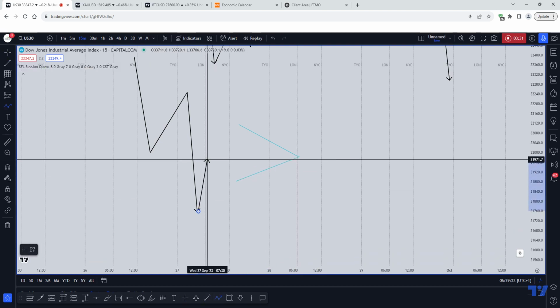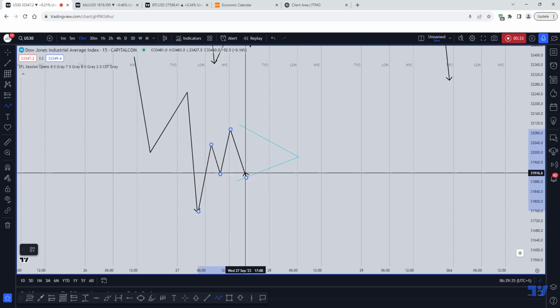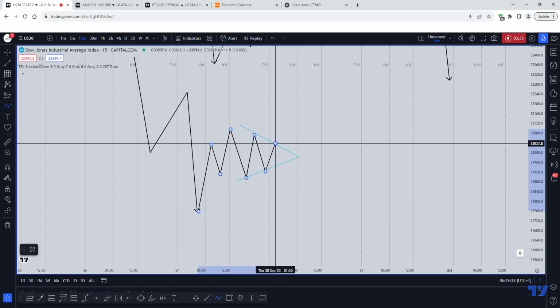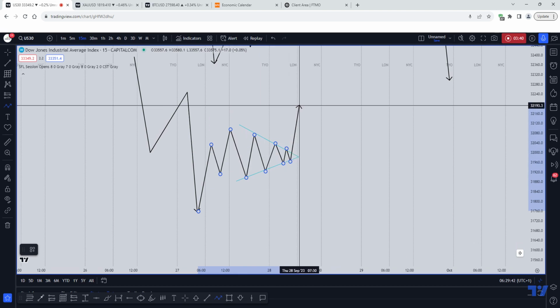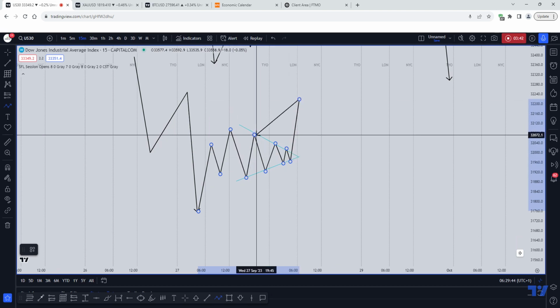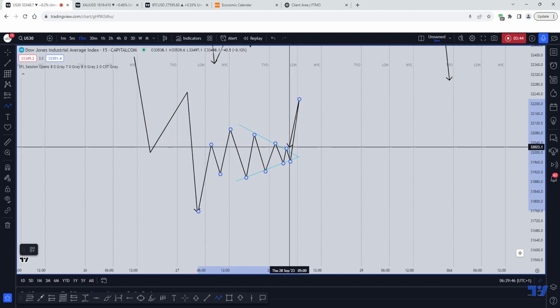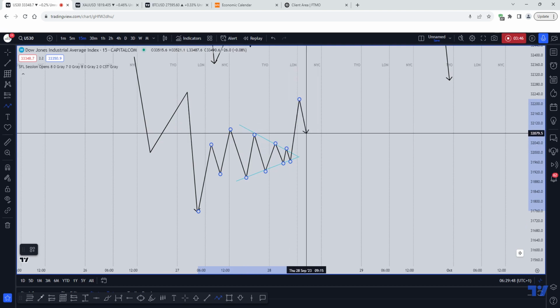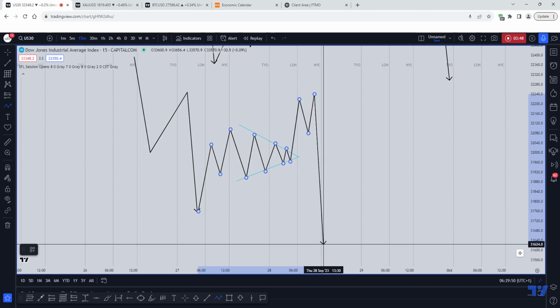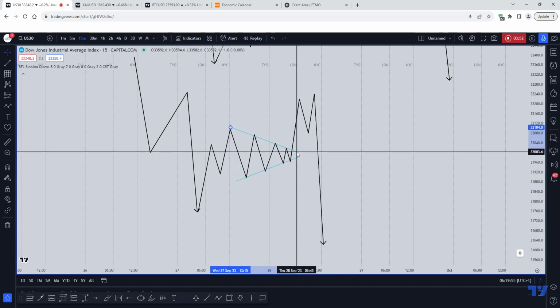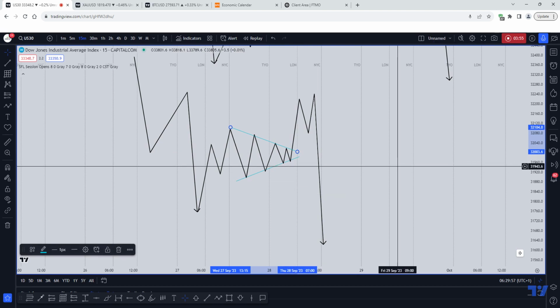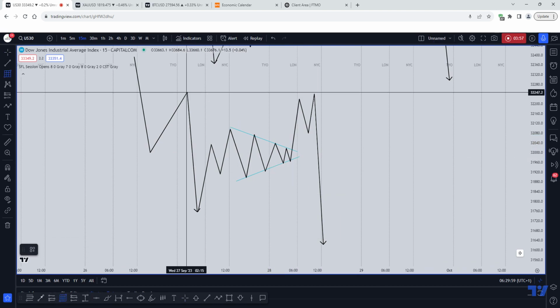So we have the impulse, we start to get the correction, the market starts to trade inside of the wedge, okay, the market breaks the wedge to the upside. This stop hunts the traders that were shorting this descending trend line, and it also induces traders to open a trade in the wrong direction because they perceive a wedge formation, once it's broken in either direction, to continue in the direction of the breakout. Okay, and this again is just an inducement.